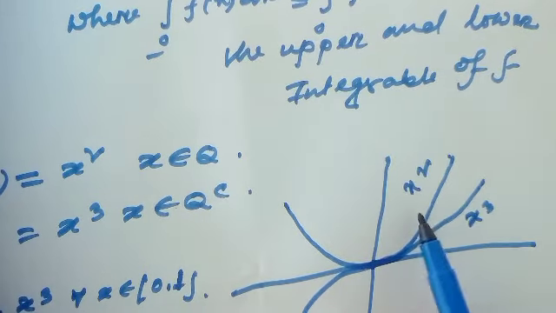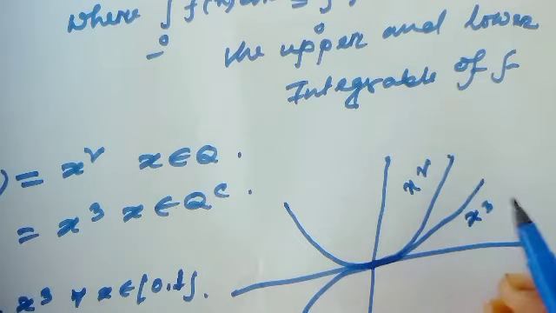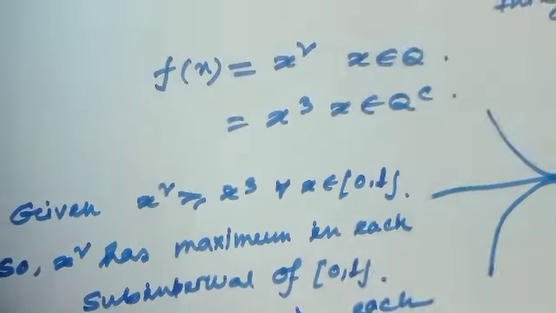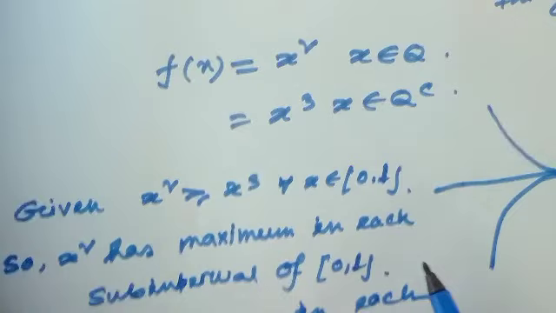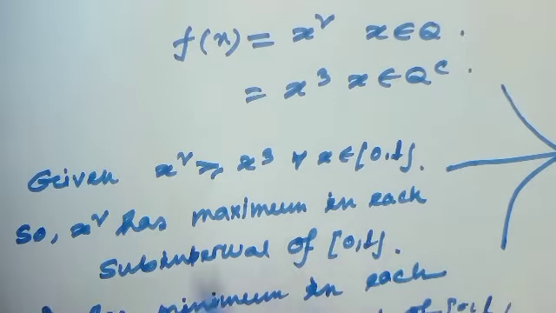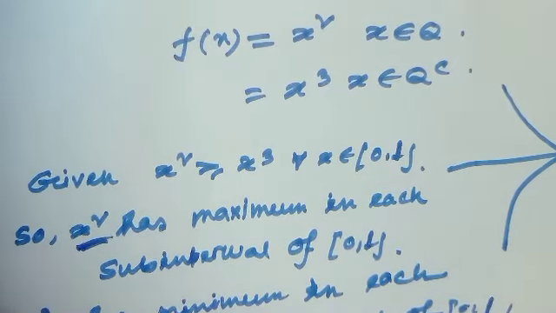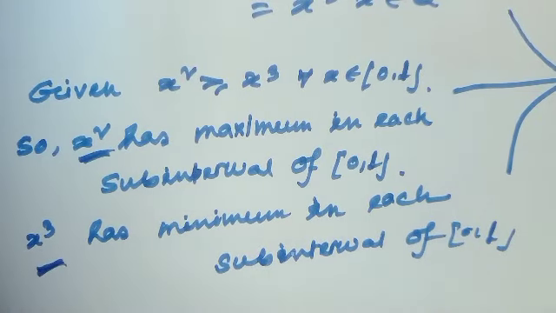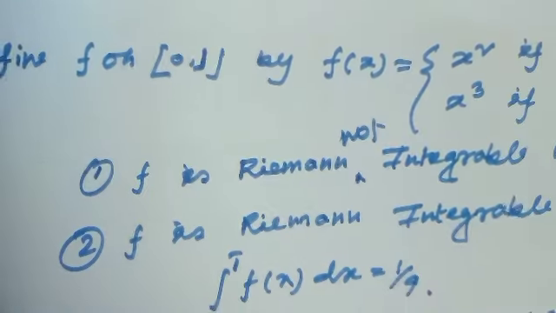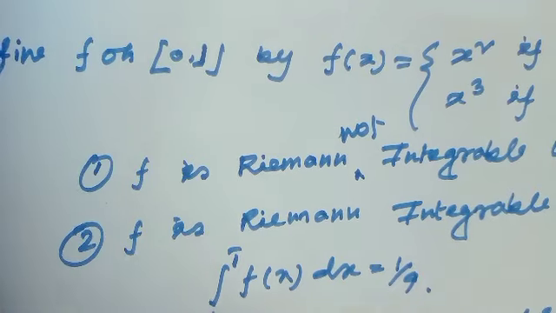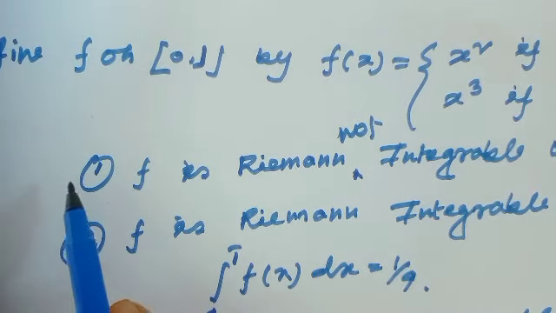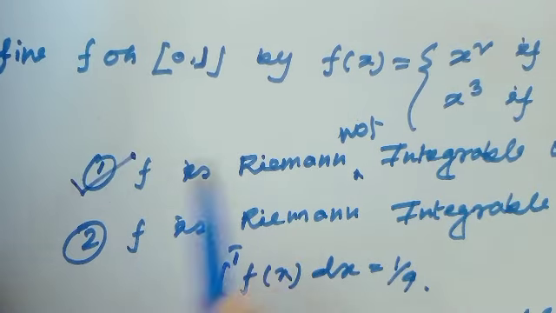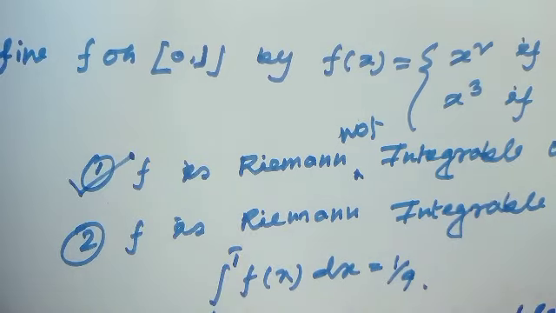Since x square is greater than x cube on the closed interval 0, 1, in each subinterval x square has the maximum value and in each subinterval x cube has the minimum value. Are you getting how we have to solve any question? Similar to before, option 1 is the right option. f is not Riemann integrable on the closed interval 0, 1.